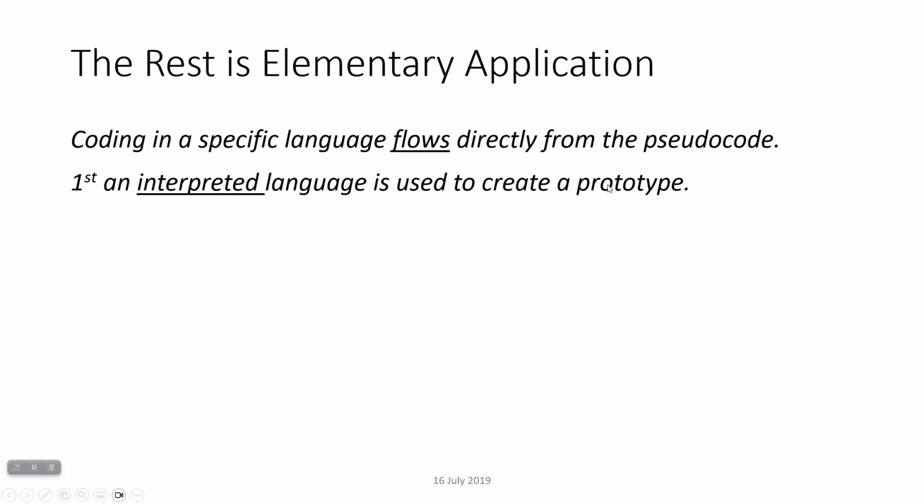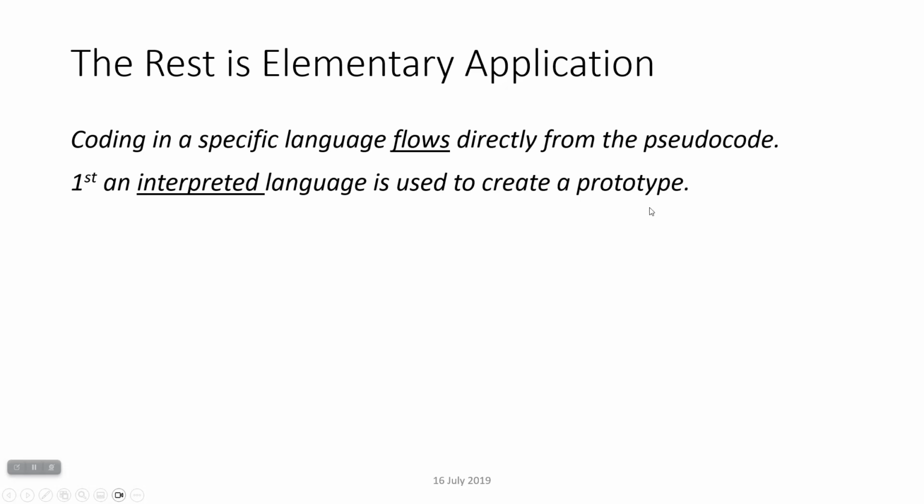Now, the other thing that you want to do all the time is create a prototype using something like Python. Because pseudocode is written in English, many Python statements are very much like English. So you build the prototype in Python, you make the leap from pseudocode to Python code, which is actual programming code. And because it's an interpreted language, it's going to give you a prototype that works, but it's not tweaked for performance.